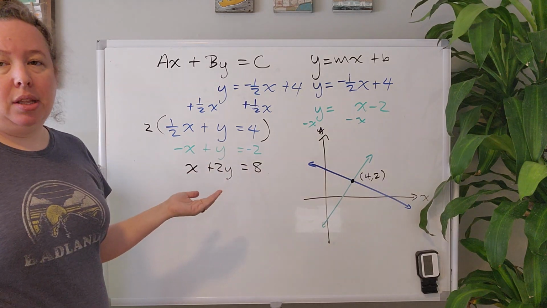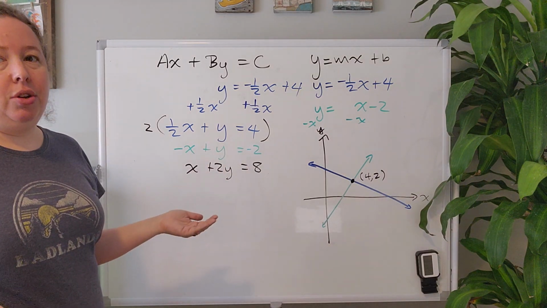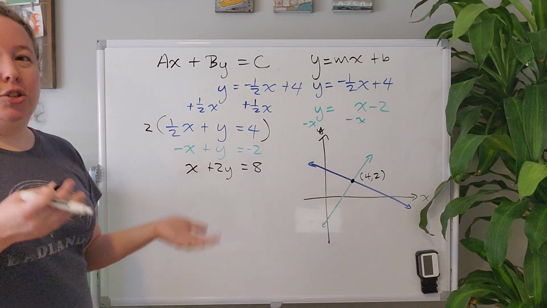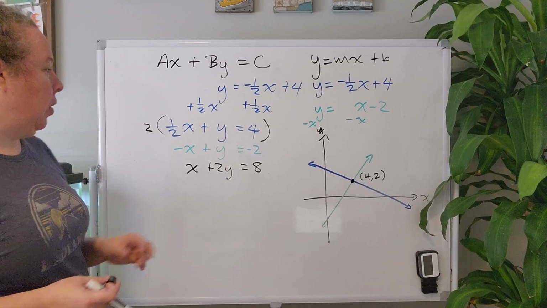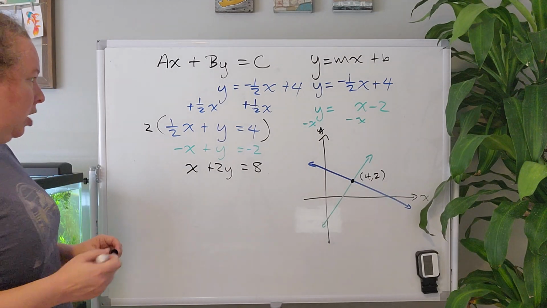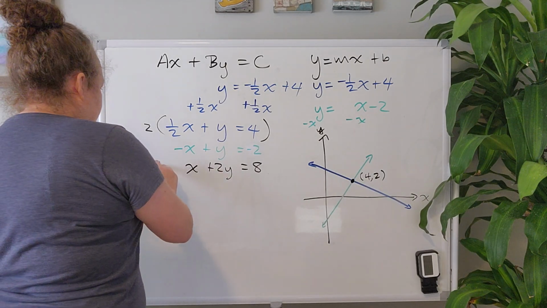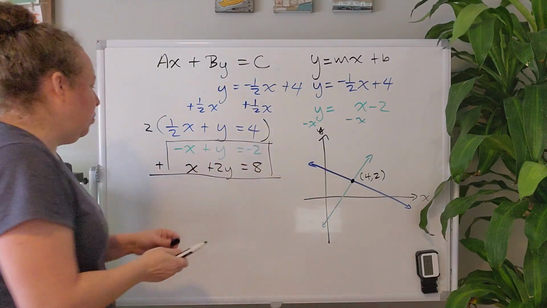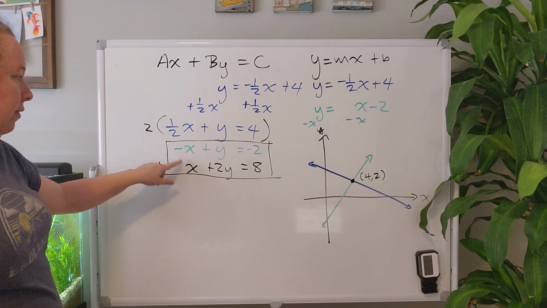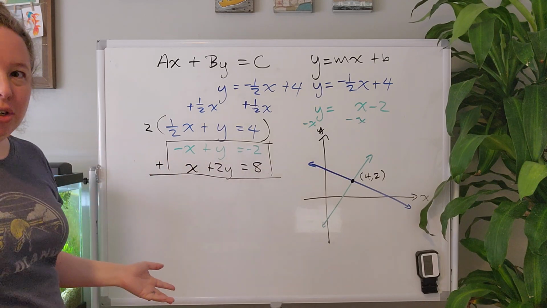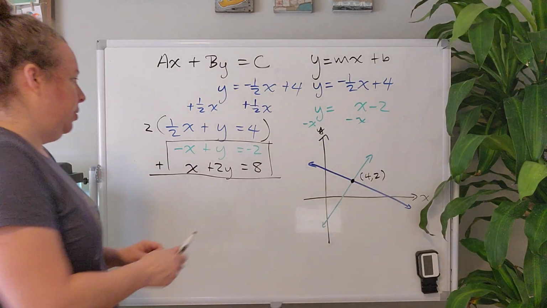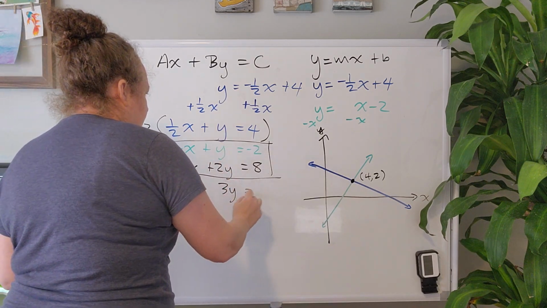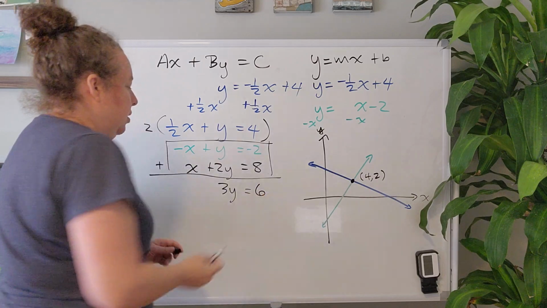Again, we did some of this in the last video, but as long as you maintain the balance in the equation, you have not destroyed the equality. The reason that I've done this is that now when I add these two equations together, -x plus x, the x's are going to disappear. Then we've got y plus 2y is 3y, and -2 plus 8 is 6.